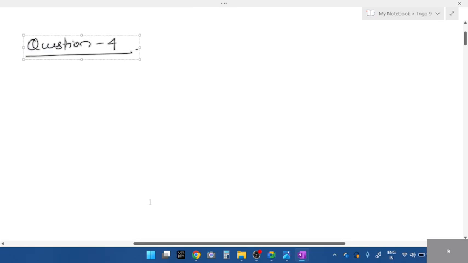Question 4 from your textbook is, from the following figure, copy the question.